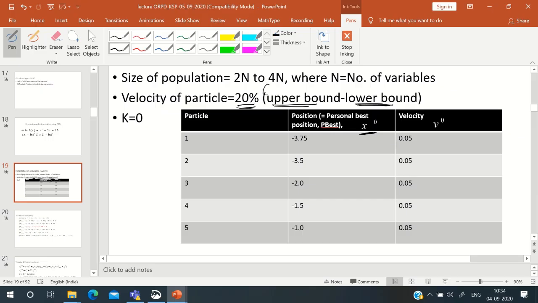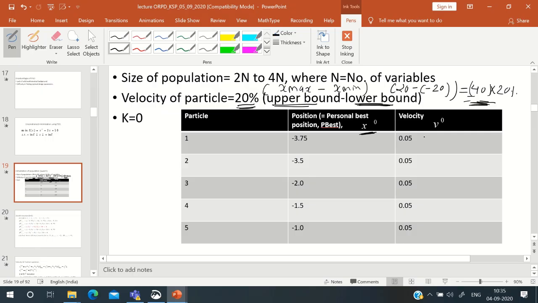So every variable x has its maximum value x max minus x minimum. Suppose I consider x max 20 and my minimum value is minus 20, right? So 20 minus minus 20, so it is 40, and 20% of 40, right? You will obtain the scalar value. So you can initialize the velocity at that value.